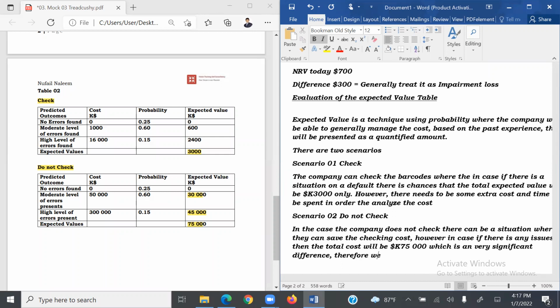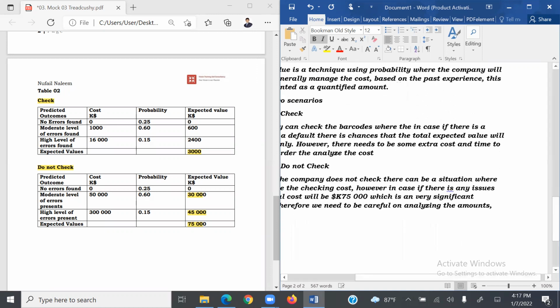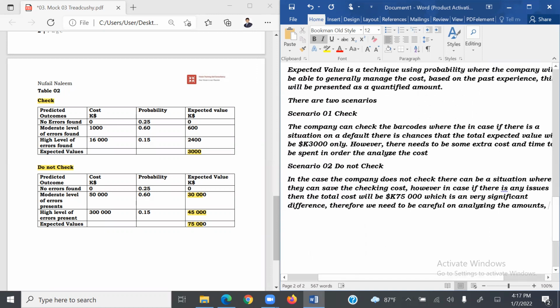Therefore, we need to be careful in analyzing the amounts. Get this understanding very clearly, students. It is very simple and easy.